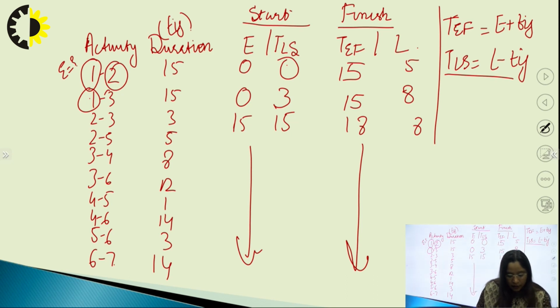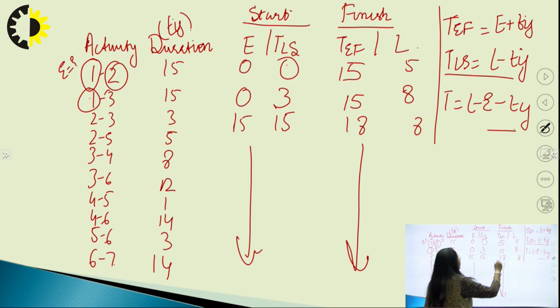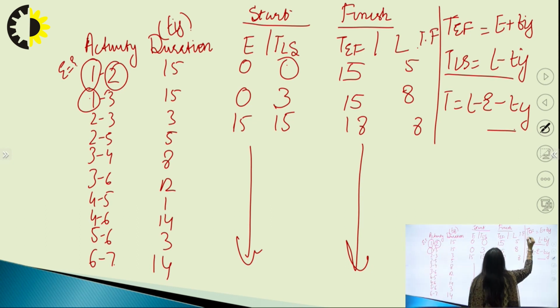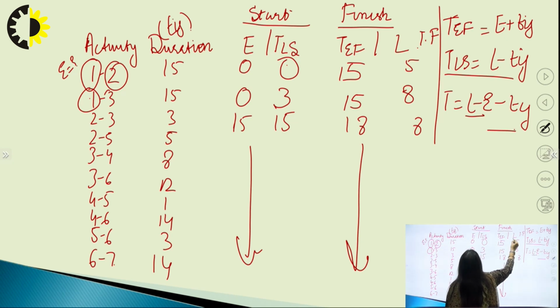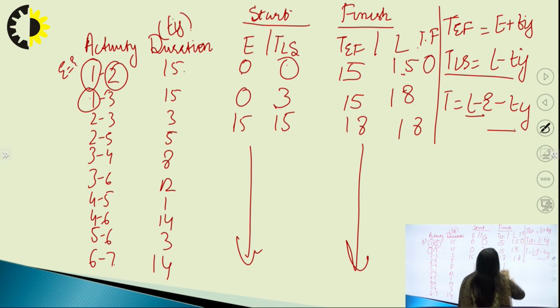So the formula is total float is L minus E minus Tij. So total float for this activity will be L minus E, that is 15 minus E which is 0 minus Tij, so total float is 0 over here.